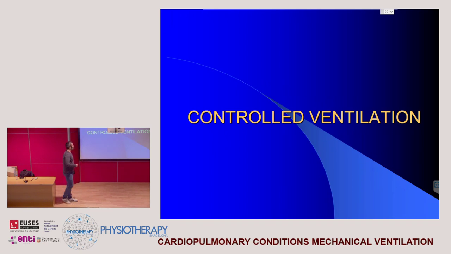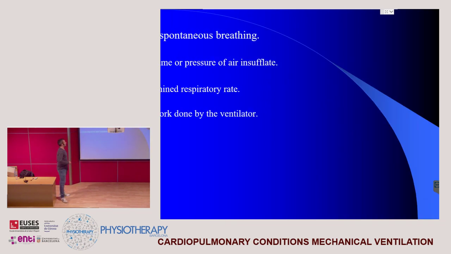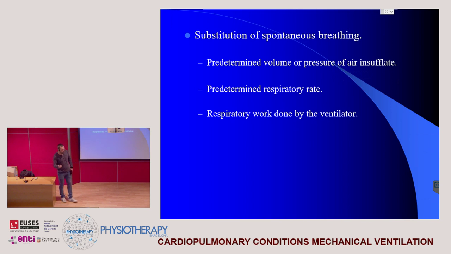So the first step, control ventilation, is the first mode of ventilation, and a key phrase is that it's the substitution of the spontaneous breathing. So the patient does nothing. So the intensivist or the chest physician has to set all of the parameters.